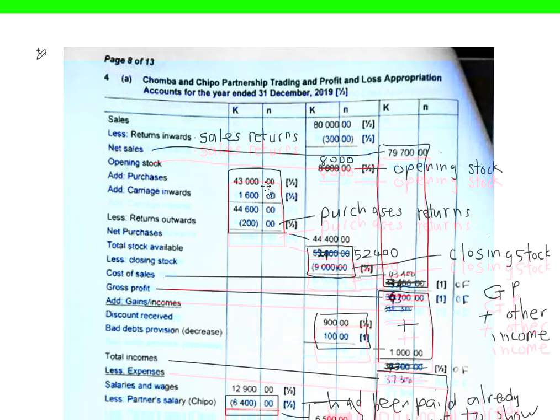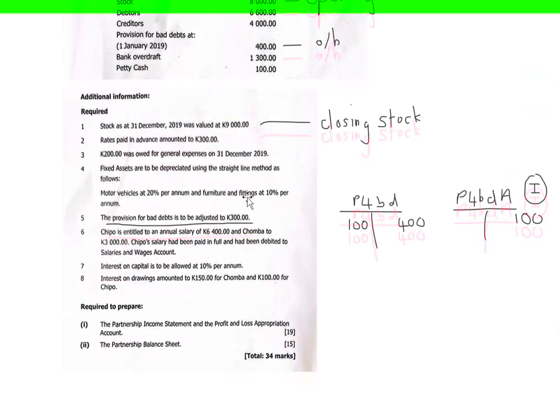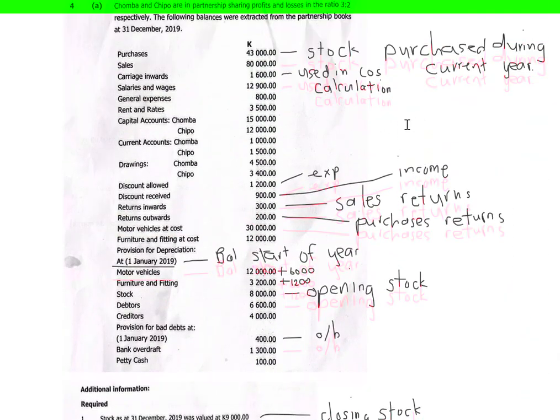So 43,000, the purchases, I just took that off the opening balances, or the balances that were given to you, and the carriage inwards. Let me just quickly show you. So the purchases, they were 43,000, there it is, plus carriage inwards is 1,600.